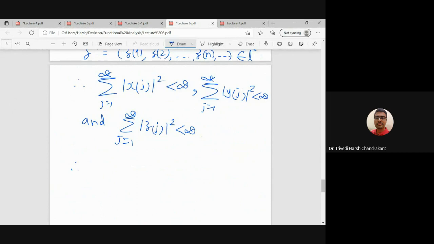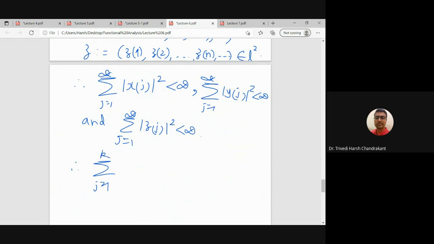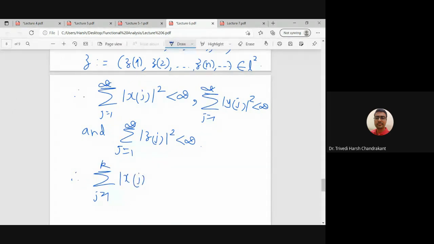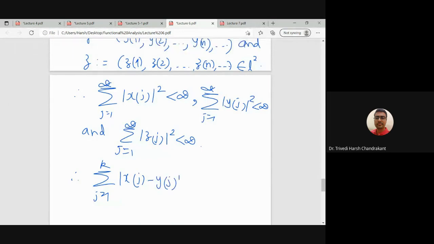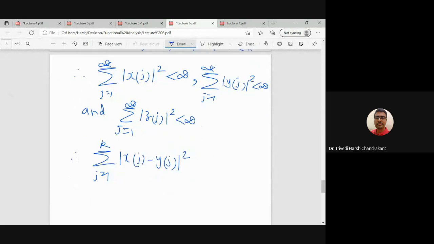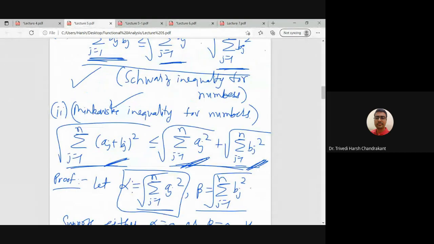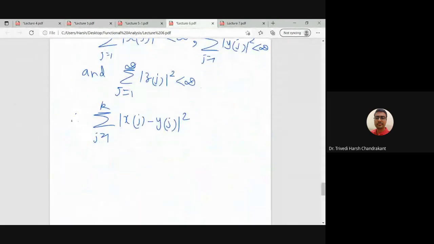Therefore, summation j from 1 to k of xj minus yj square. So what can we say about this series? Whether it is convergent? So we can rewrite this series.